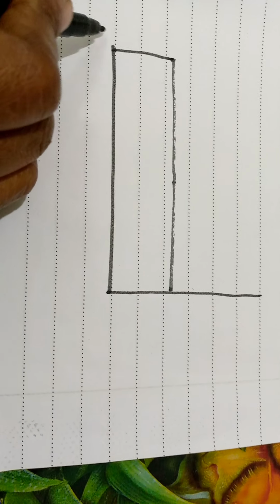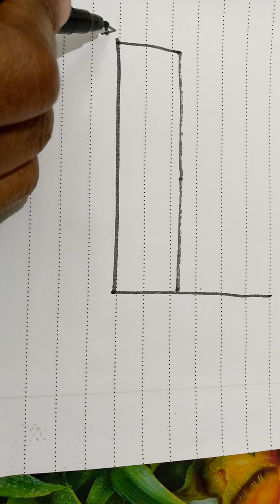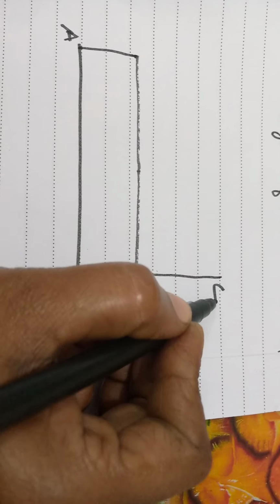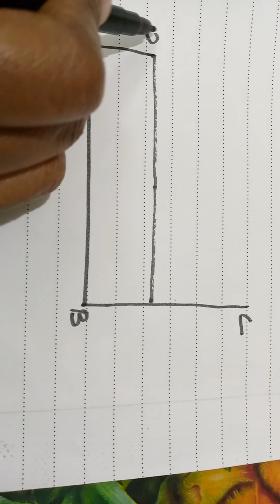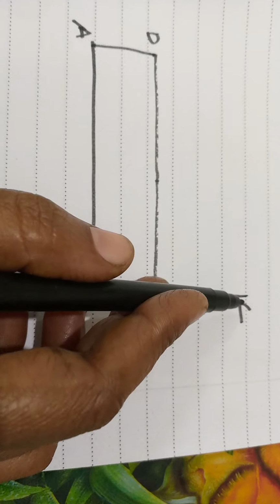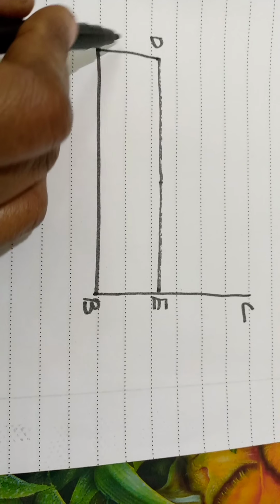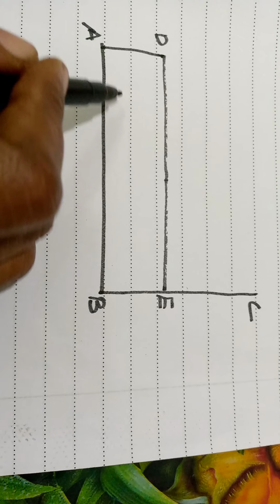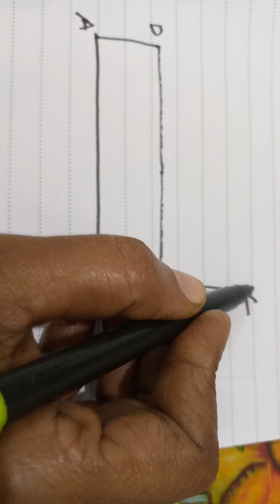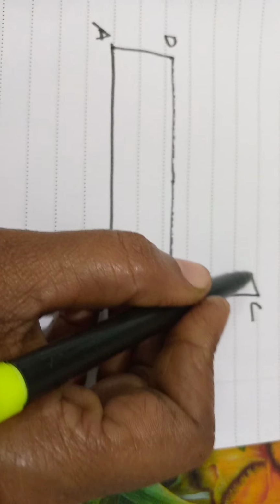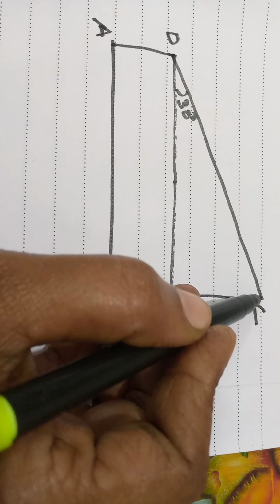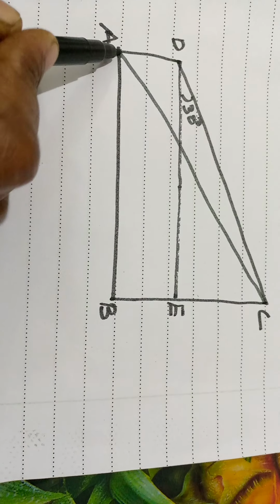So name it A, B, as your wish you can name A, B, C, this one give D, E, as your wish you can name. Okay, BC be the tower, AD be the electronic pole. Okay, so angle of elevation from top of the tower to top of this electronic pole is 30 degree. Okay, as well as top of this tower to bottom of this electronic pole is 60 degree.